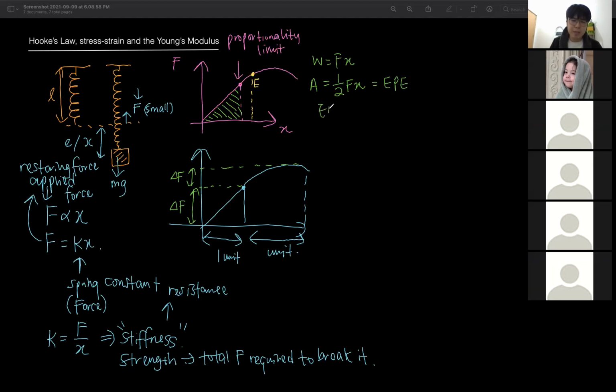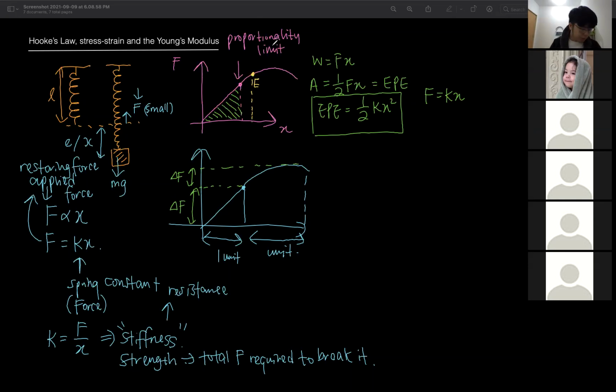So I can write EPE equals half kx squared, since F equals kx. Here I calculate the elastic potential energy, and I'm calculating up until the proportionality limit over here.